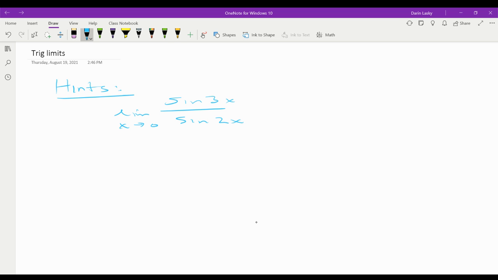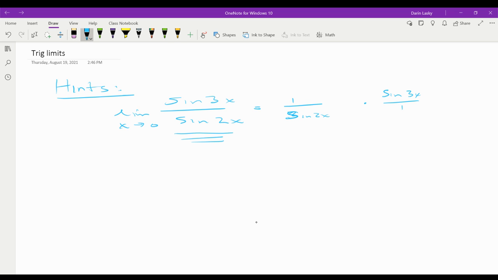So if we take this one right here, one of the biggest things is you create separate fractions that you're multiplying. So I want to take this one and make it 1 over 2, sine of 2x over 2x, times sine of 3x over 1.